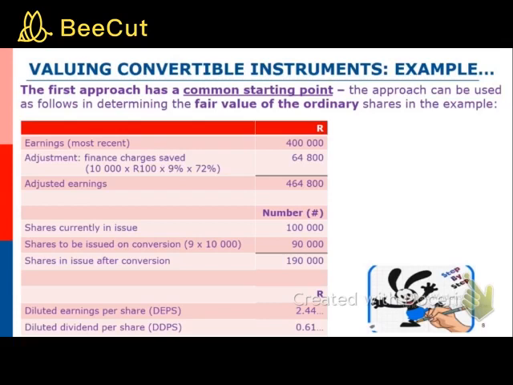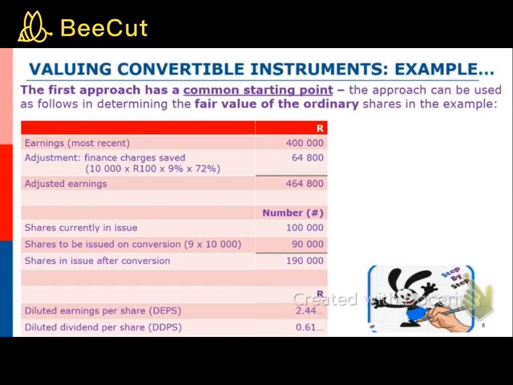Remember, the interest is fixed, so it's not going to fluctuate. An annual savings after tax of 64,800 Rand. That results in an adjusted earnings figure of 464,800 Rand. Now we are going to seize onto that and use that to calculate the indicators. So remember, we are assuming here for the calculation of the indicator that conversion takes place, the savings is made, but now we also assume that the additional ordinary shares are issued.